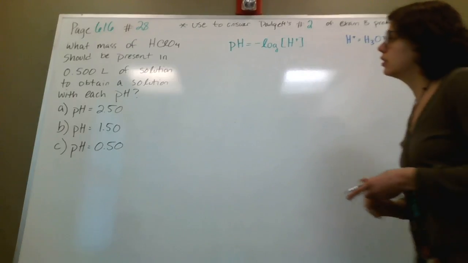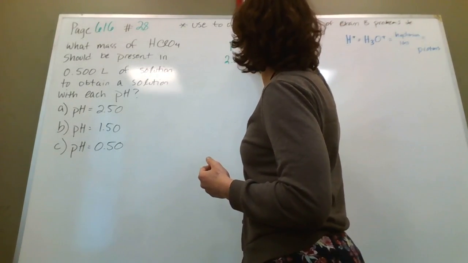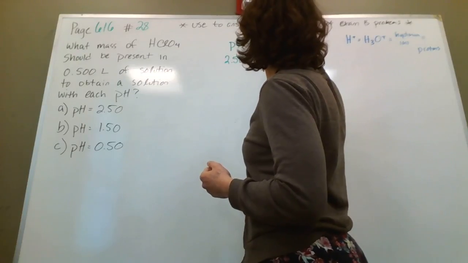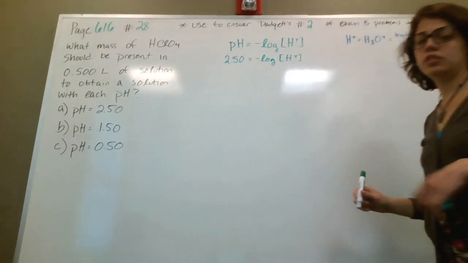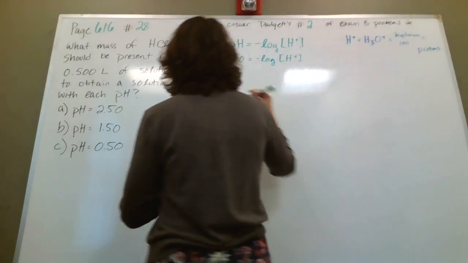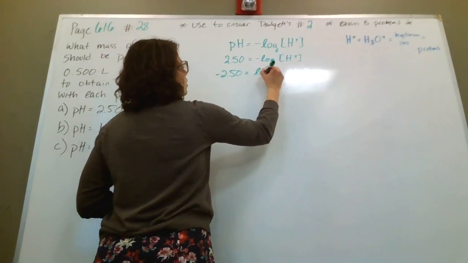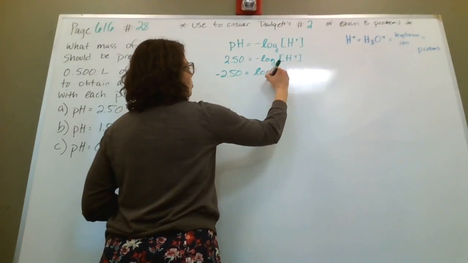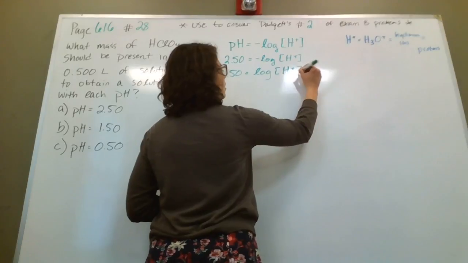Okay, so we'll plug this in. So 2.50 equals negative log H plus. So what I like to do is multiply the entire equation by -1, so it will read negative 2.50 equals positive log H plus.